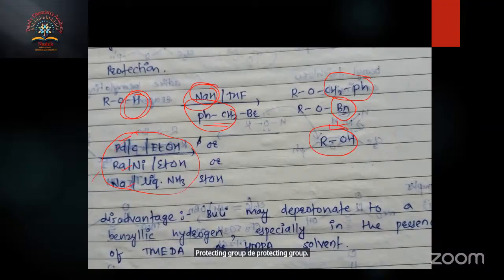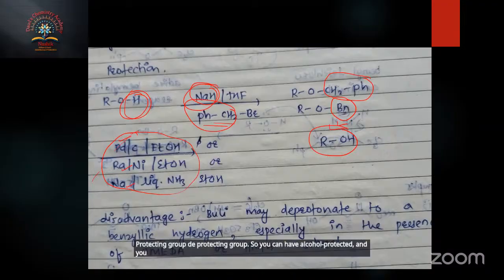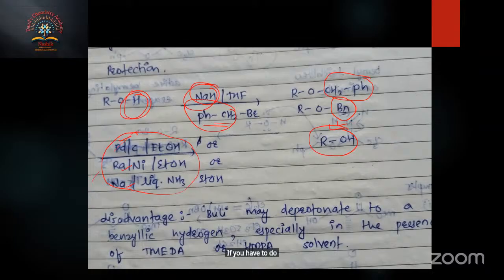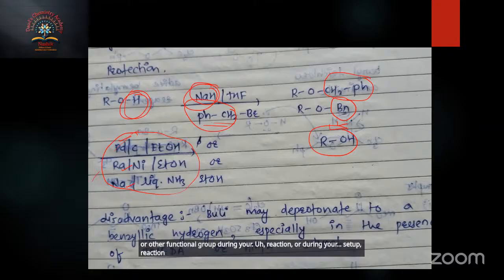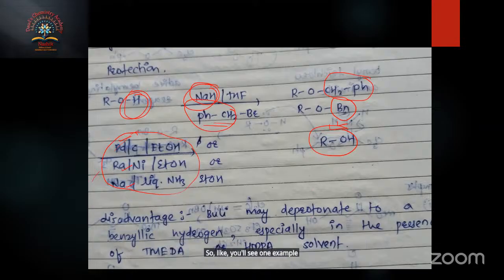So you can have alcohol protected, and you can do such other organic reactions. If you have to do the reaction at nitrogen or oxygen or another functional group during your reaction setup, you can protect this functional group and do the reaction at the other part.